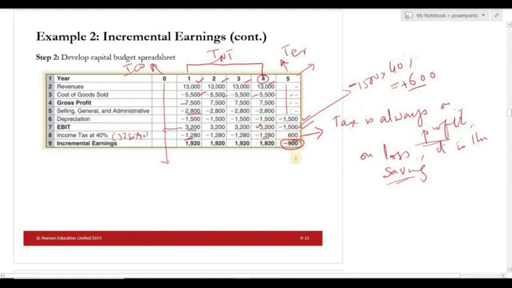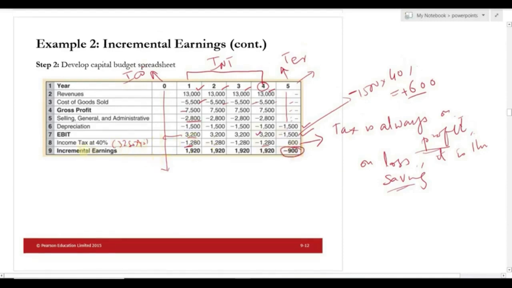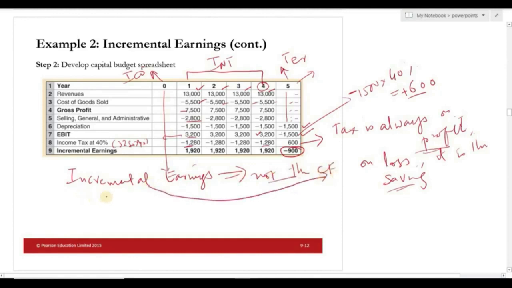Okay, at this point we have calculated incremental earnings, not the cash flows. Now we have to convert these incremental earnings into cash flows. So on the timeline we cannot write 1920 in year 1, 1920 in year 2, 1920 in year 3, and 1920 in year 4, and negative 900 in year 5.